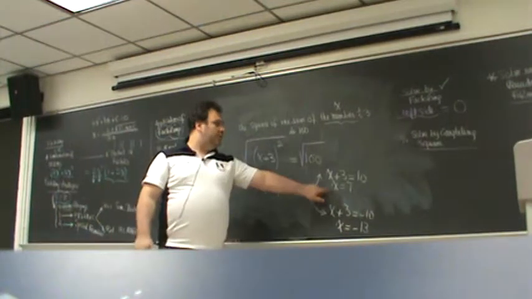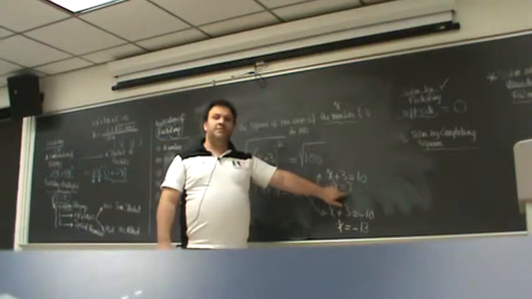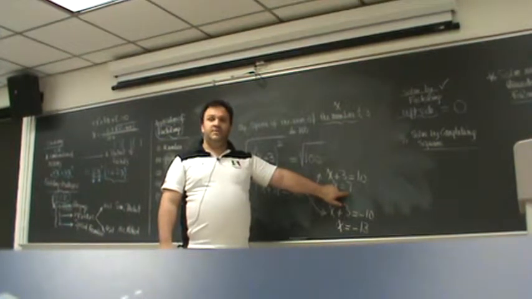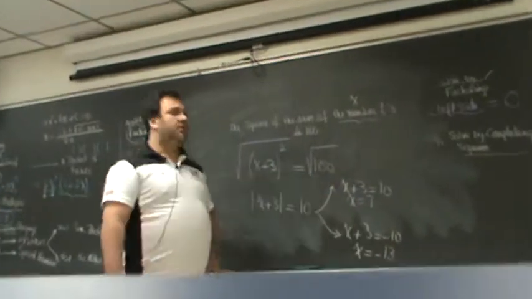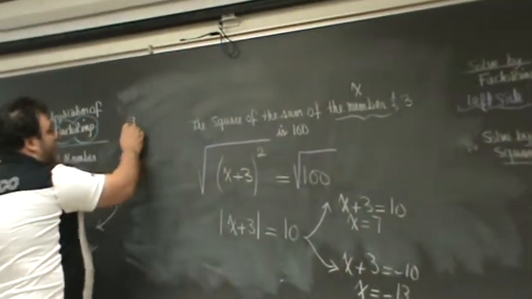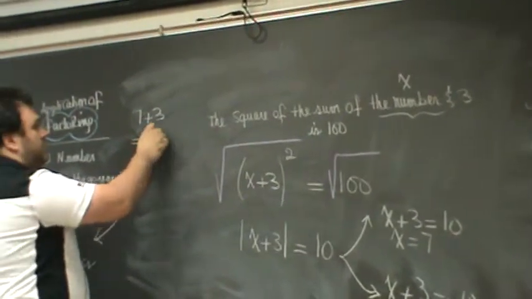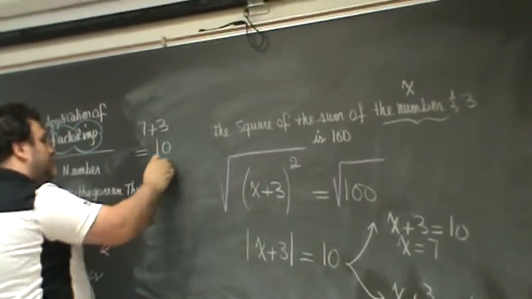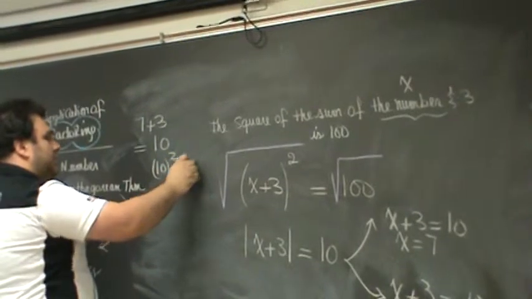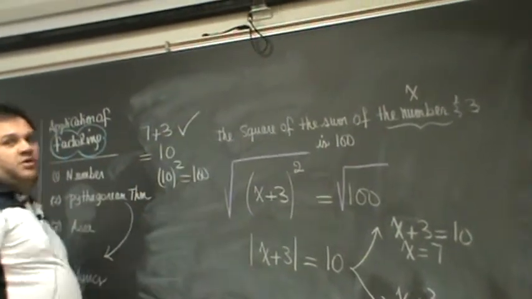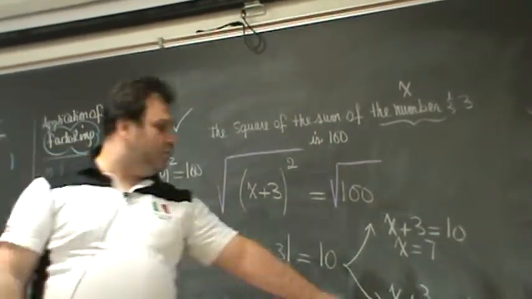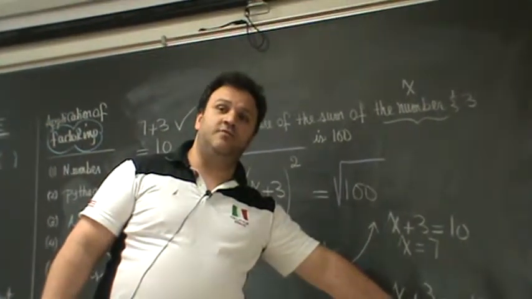Hey, let's go check the answers. One of the possibilities is that the number is 7, right? Well, let's see if that's going to work. 7 plus 3 is 10. And 10 squared is 100. Looks like 7 is working, right? And then he said the other number is negative 13.